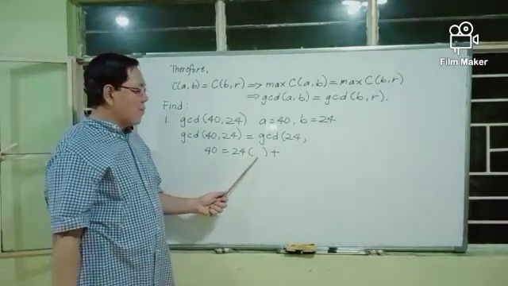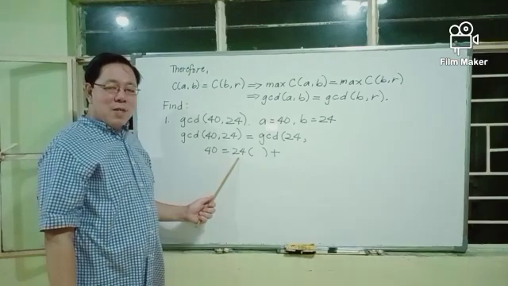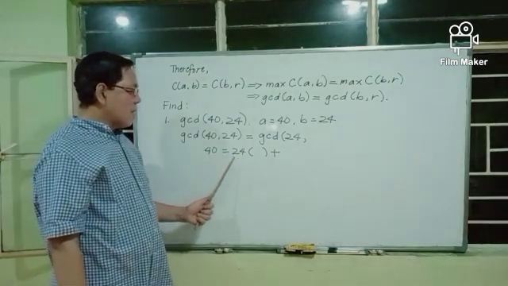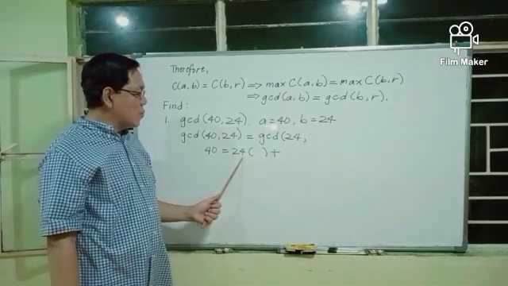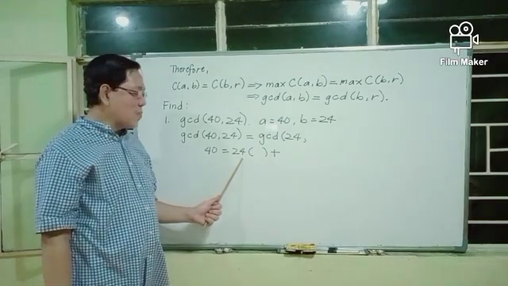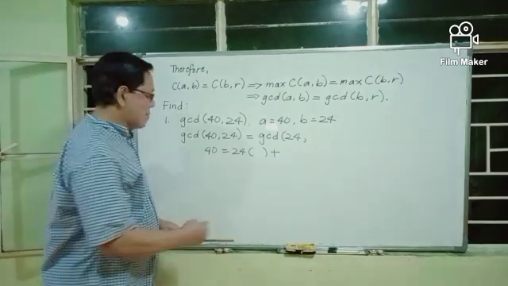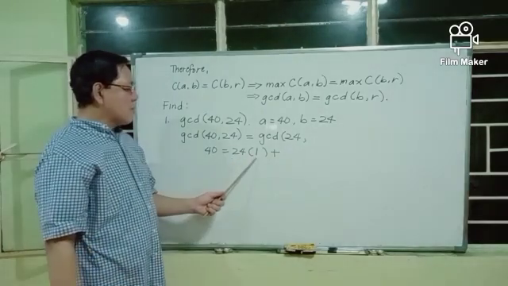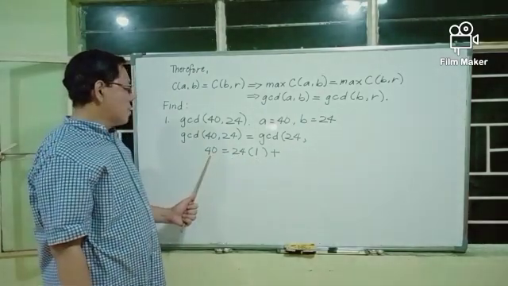Now, you think of a positive integer when you multiply by 24, the product is not more than 40. And if we try 2, 24 multiplied by 2, that's 48. And 48 is more than 40. So we take 1. Our Q is 1. 24 multiplied by 1 is 24, and that's less than 40.